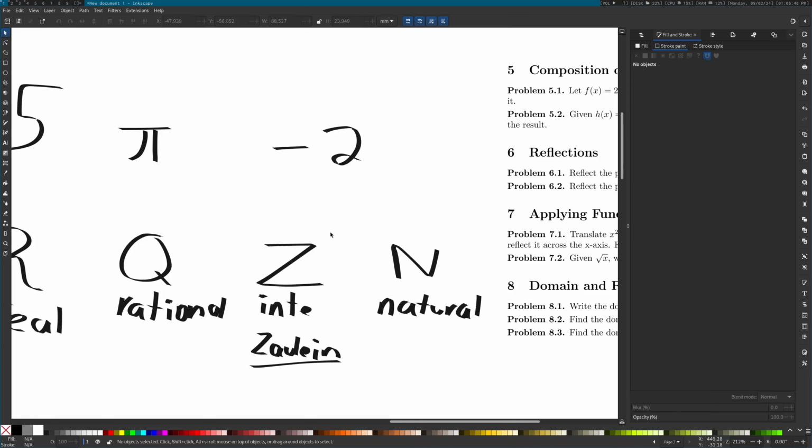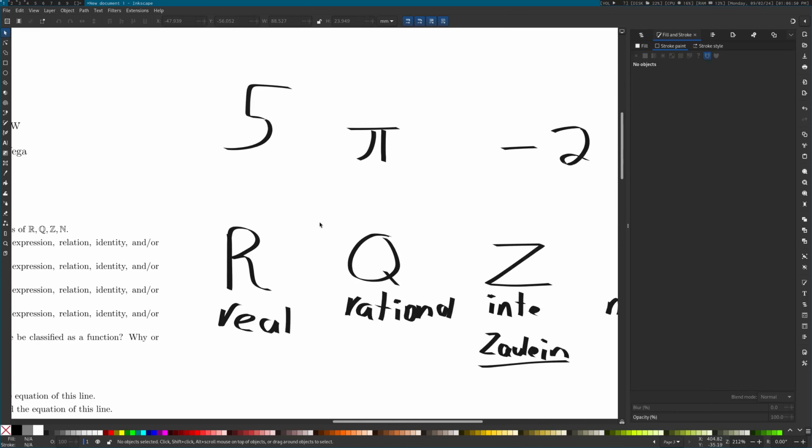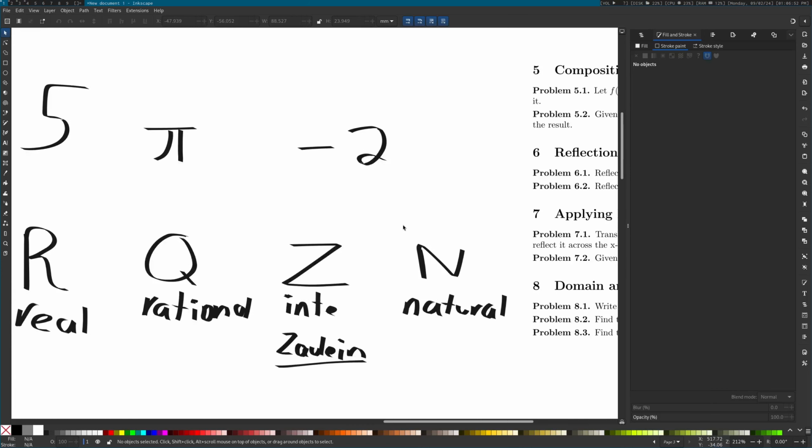Doesn't natural have 0? That's debated among mathematicians, apparently. Our teacher told us it does. She said N has 0, but Z plus or whatever has only 1.